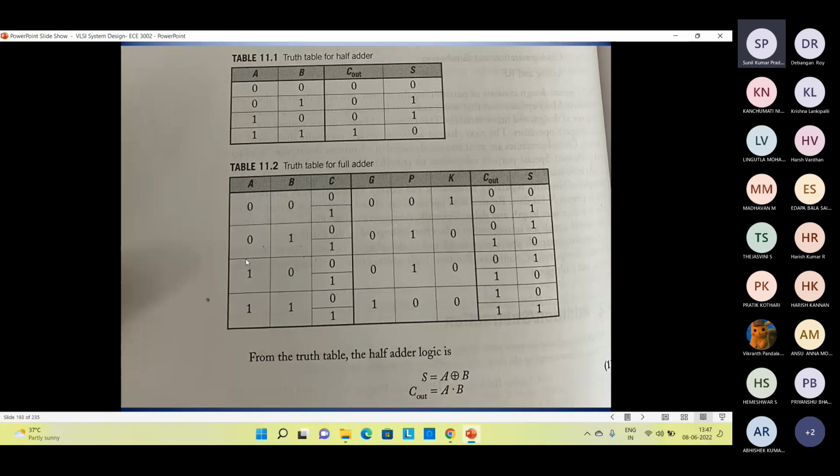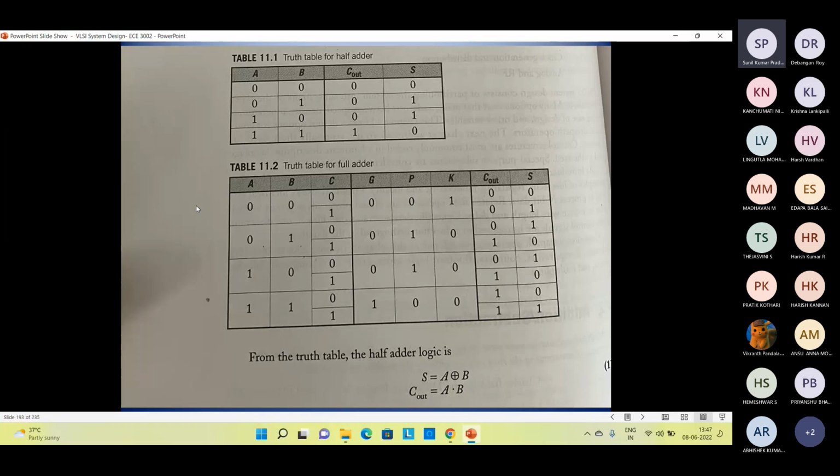Similarly, for the inputs A equal to 1, B equal to 0, and C equal to 1, G is equal to 0, P is equal to 1, and K is equal to 0, then C out will be 1 and S will be 0.